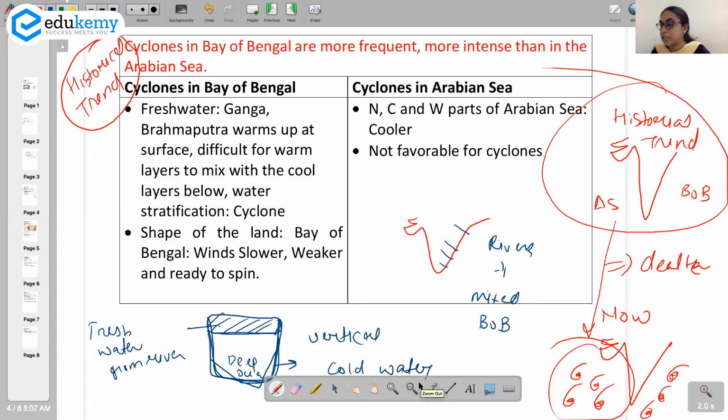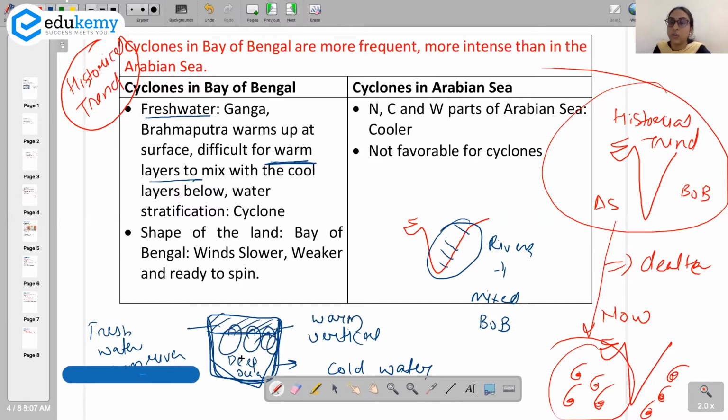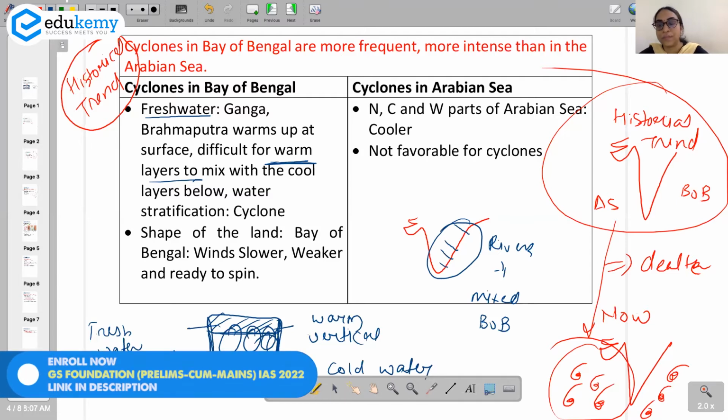So what happens is, the fresh water from the rivers that is falling in the Bay of Bengal is warm. The surface water is warm, and this warm water does not mix nicely with the cooler, deeper water. This is called stratification.